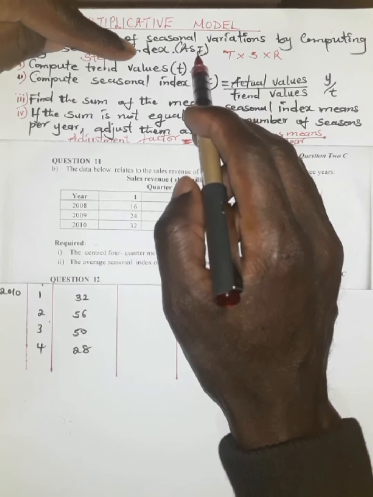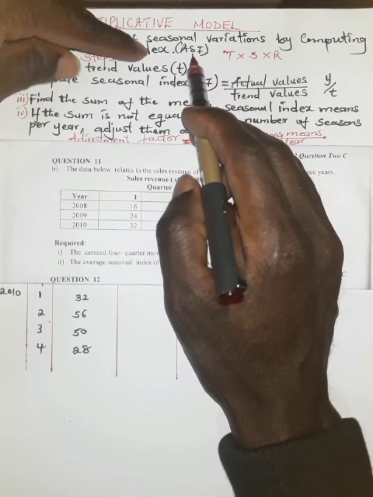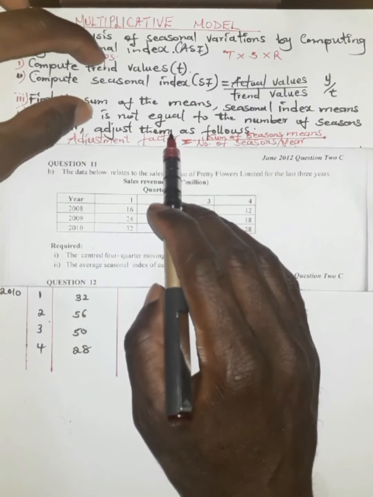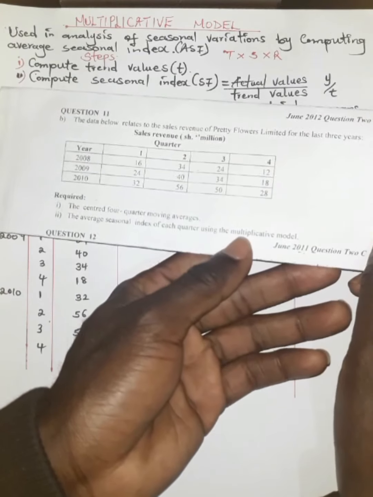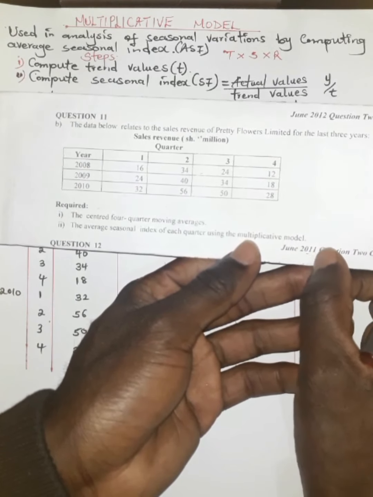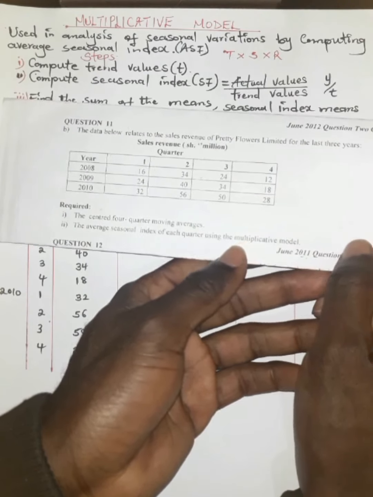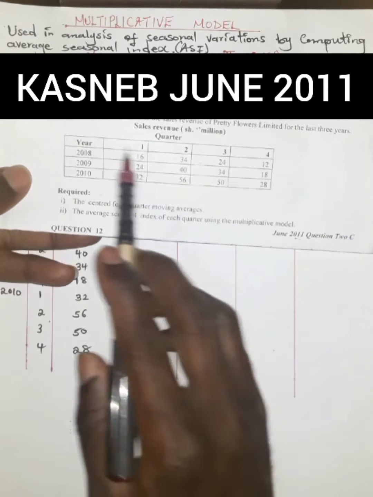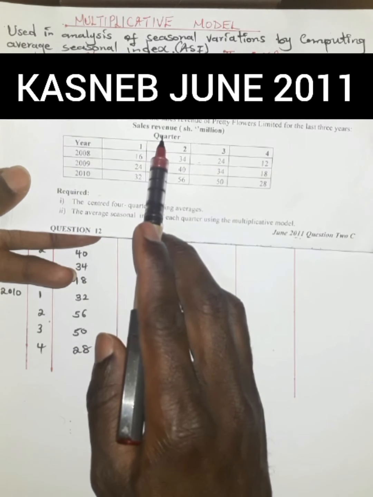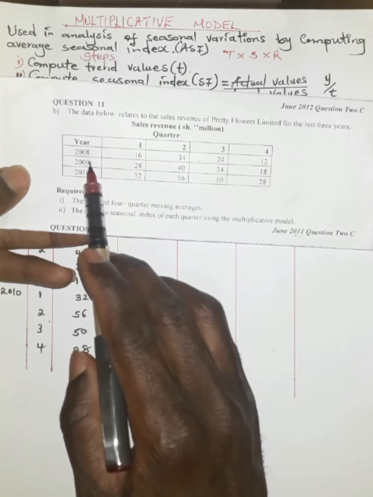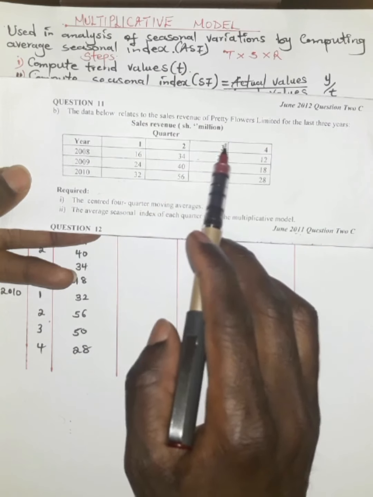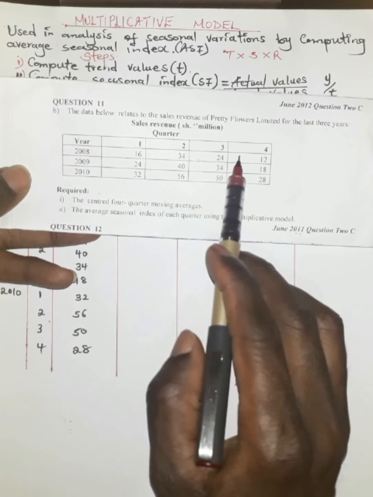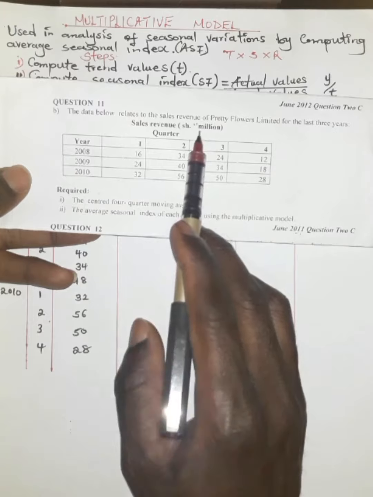So actually we are going to look at how we get to an average seasonal index using the steps here. And we have a question from CASNEB June 2011. We are given the sales for 3 years, 2008, 2009 and 2010, each year having 4 quarters, 1, 2, 3 and 4, and the sales are given in millions.